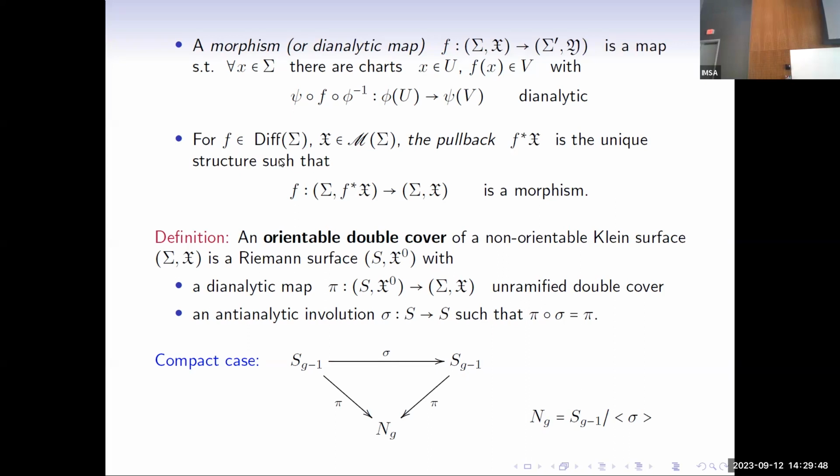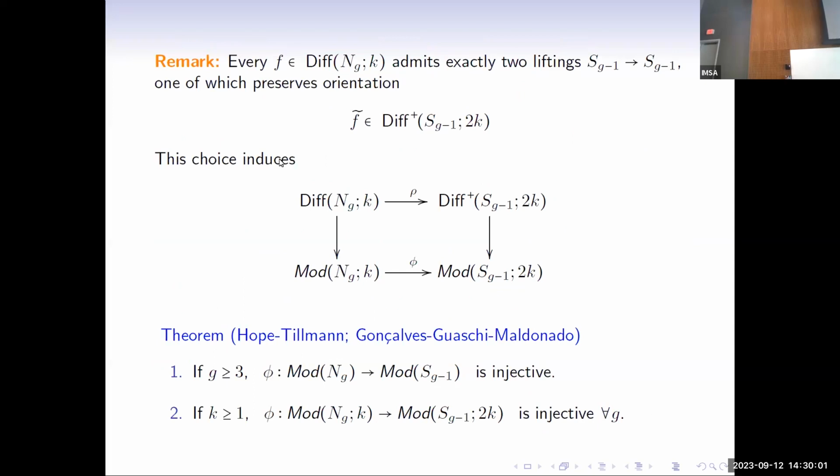You get back your Klein surface by quotienting the orientable cover by the involution. And it turns out that if you have a diffeomorphism of this non-orientable surface that fixes the marked points, then it admits exactly two liftings to the orientable double cover preserving the two k points.